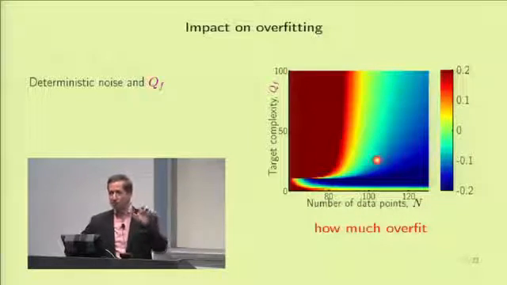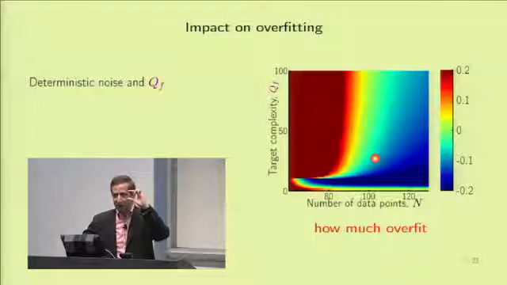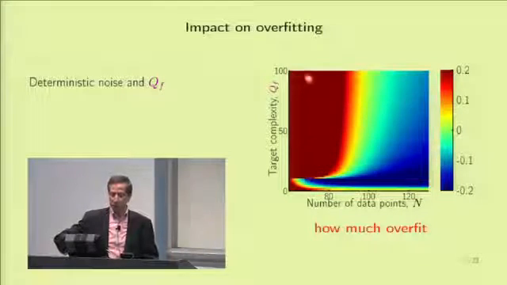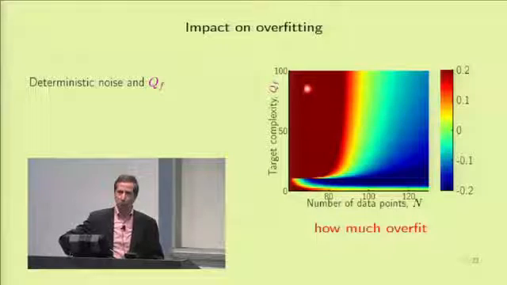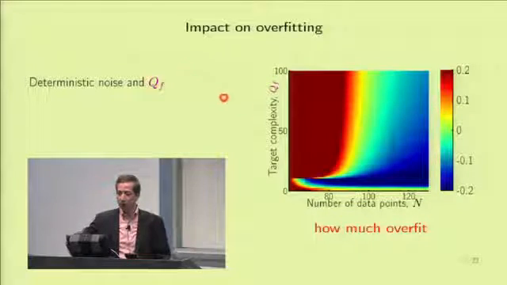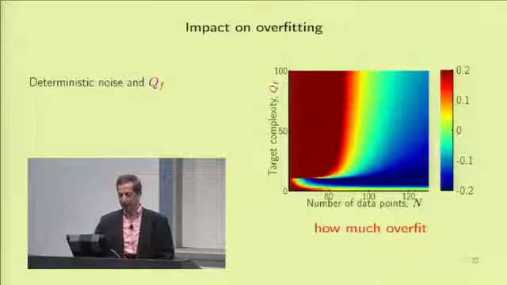The 10th order versus the second order. So if you're going to start having deterministic noise, you'd better go above 10 so that there is something that you cannot approximate. So this is the part where it's there. Here, I wouldn't say proportional, but it definitely increases with the target complexity, and it decreases with the N, as we expect.